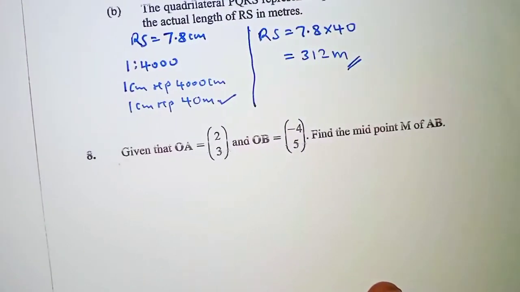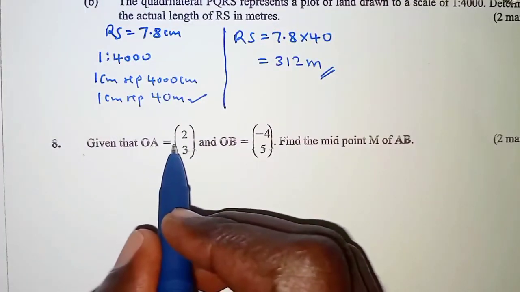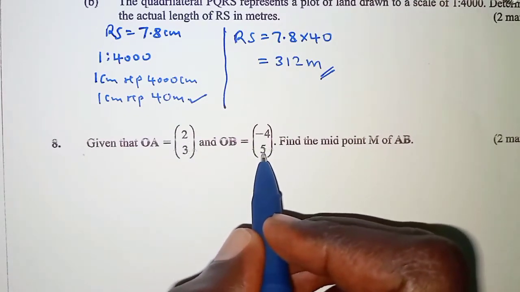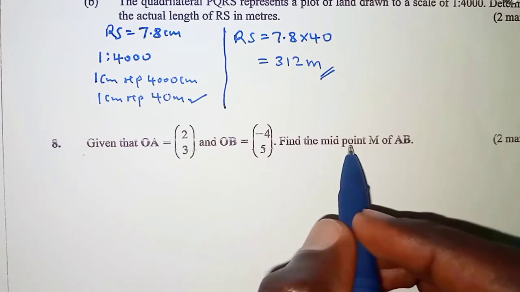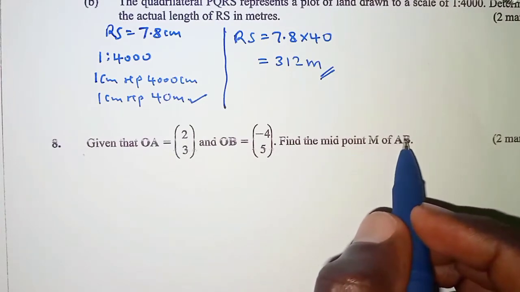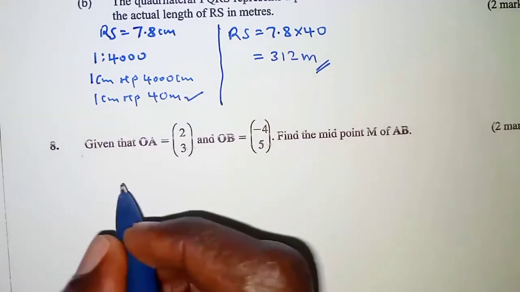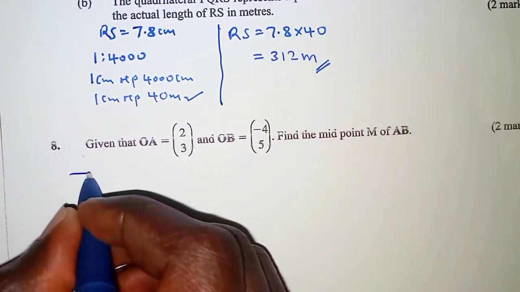Lastly, for number 8, given that OA is (2,3), OB is (-4,5), find the midpoint M of AB. So first we may sketch this.